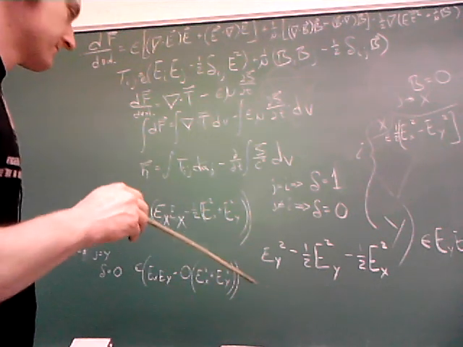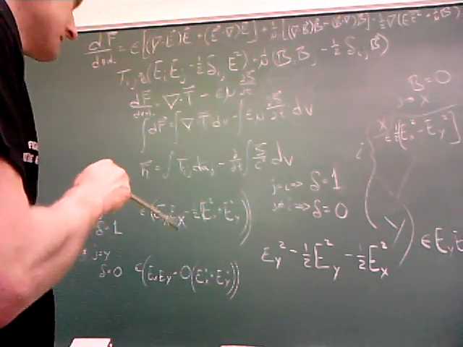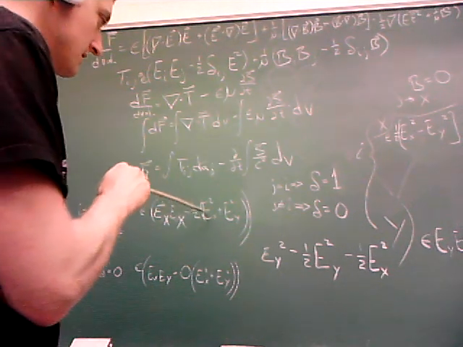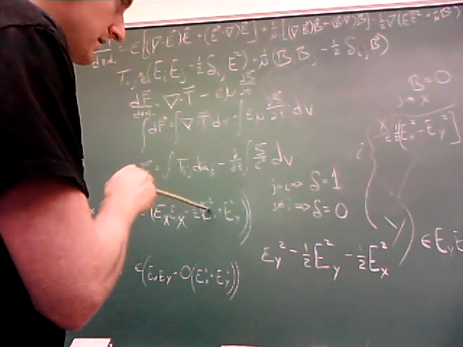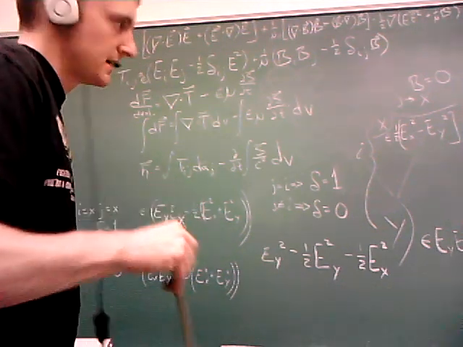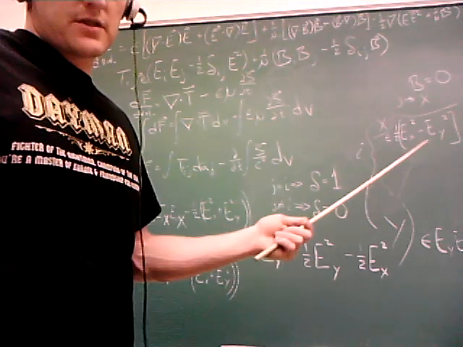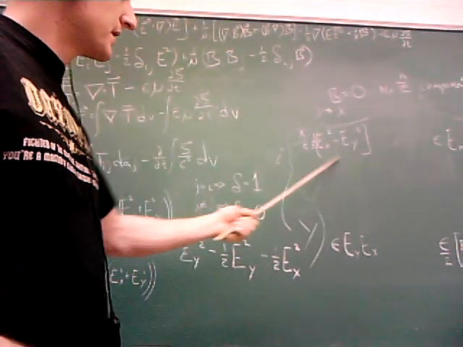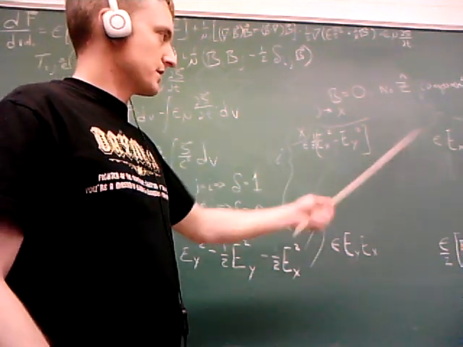So we get E sub x squared from these two terms minus 1/2 E sub x squared from this. And we bring that over here to the matrix, and that's what it ends up being equal to. It would work out the same thing if you had a B field as well.